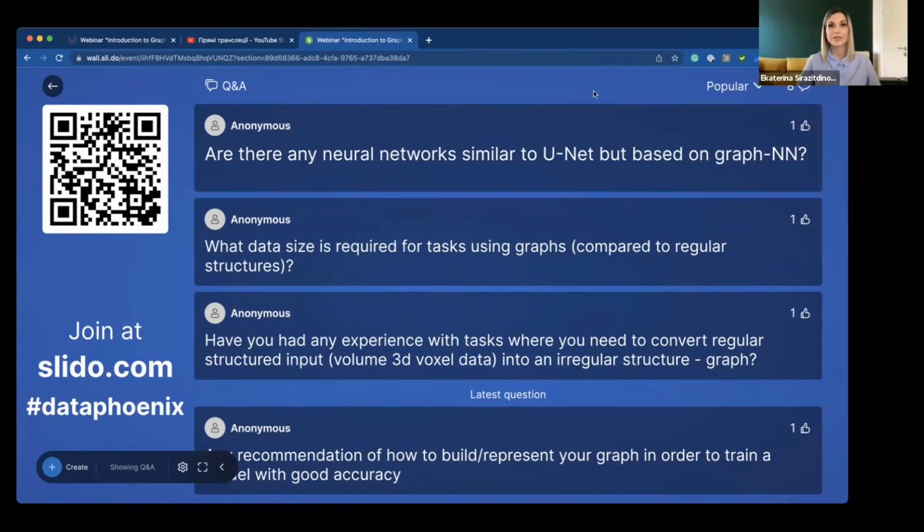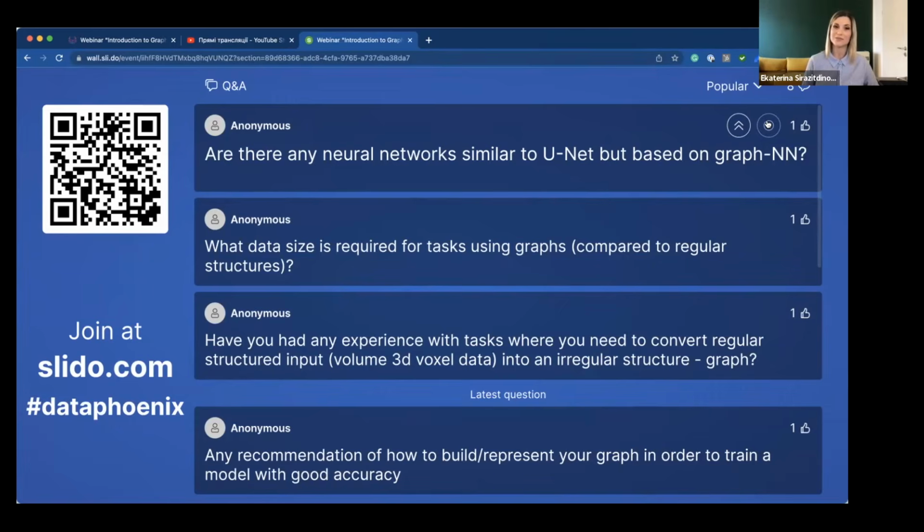Are there any neural networks similar to UNet, but based on graph neural networks? It's an interesting question. If you remember, when I was talking about prediction on node levels, I compared it to segmentation. So UNet is a segmentation network, right? Applied to graph neural networks, you would basically think of it as predicting every pixel at a node level. I'm not aware of graph neural networks used for image segmentation tasks.